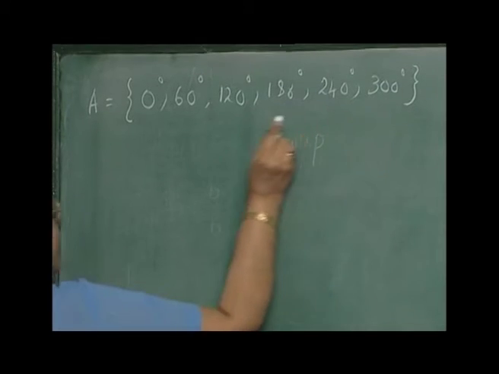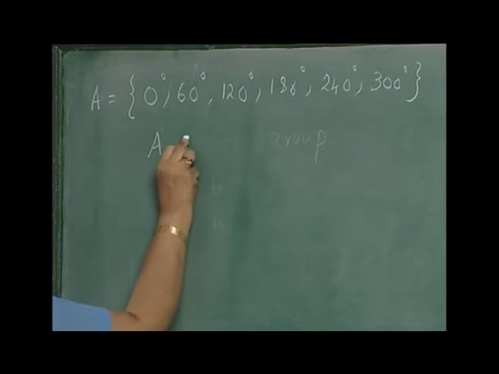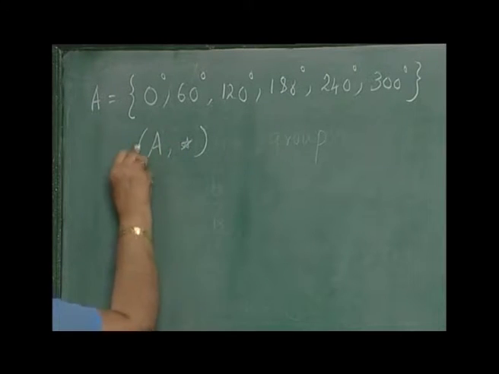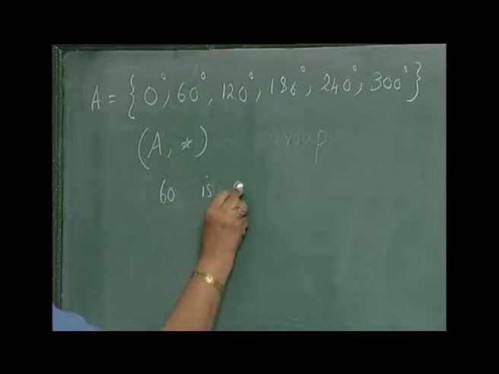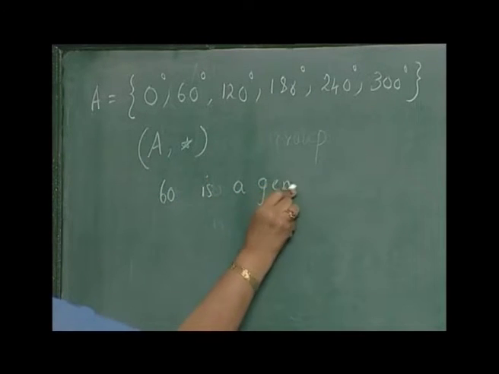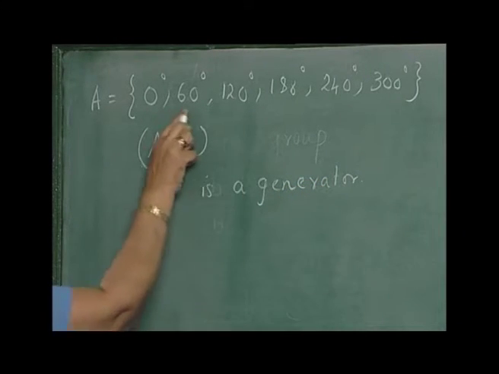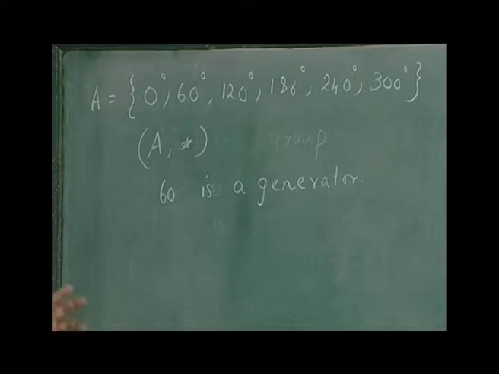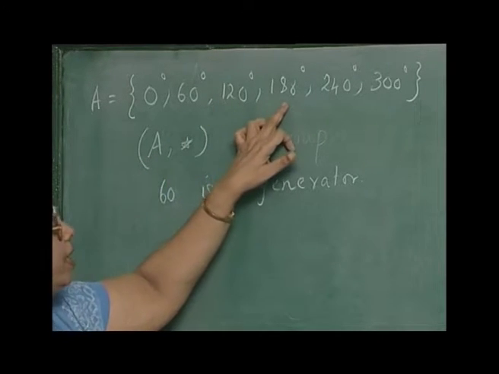We have seen that under composition of rotation, which is denoted by this symbol, this is a group, and you can see that 60 is a generator for this, because if you combine 60 with 60 you get 120, and if you combine that with 60 you get 180 and so on.